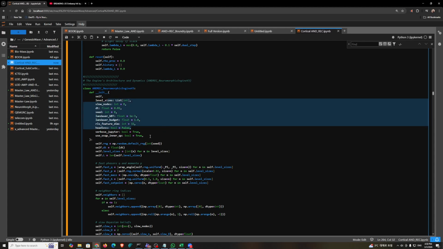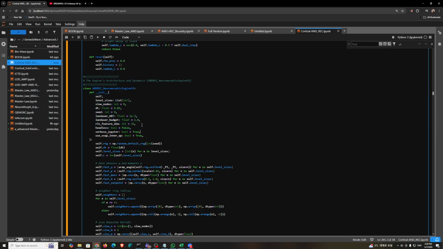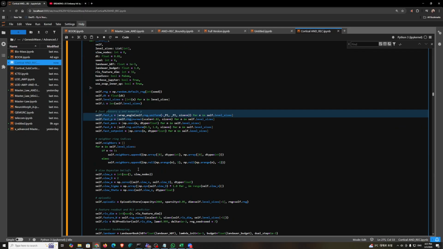We have to define the level sizes for different layers, the cortical areas, and then there's a number of slow nodes. Those are the subcortical-like units, the DT, the time step for simulation, and also various parameters for memory, for prediction, for energy. So it sets up the fast phasers here, and that's the oscillatory activity, and then their associated momenta, their rates of change, their masses, their inertia for each layer.